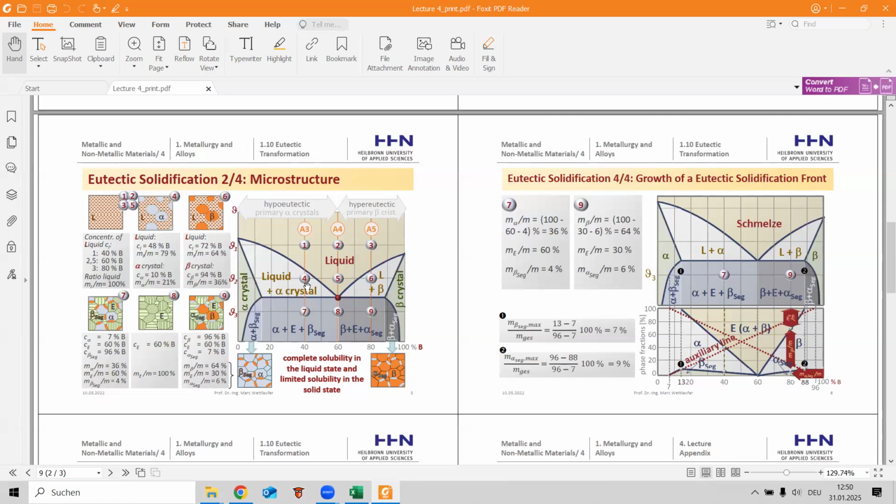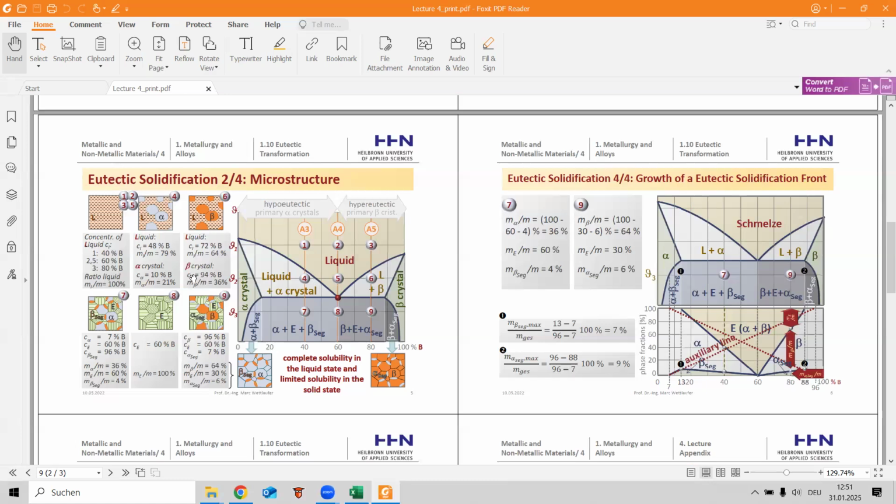At point 4, liquid plus alpha crystals, we have liquid and alpha phases, so solid. And C liquid is 48% component B. And M liquid divided by M total is 79%.